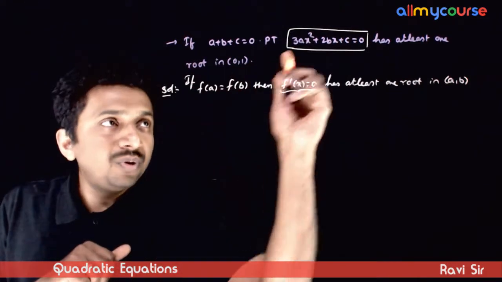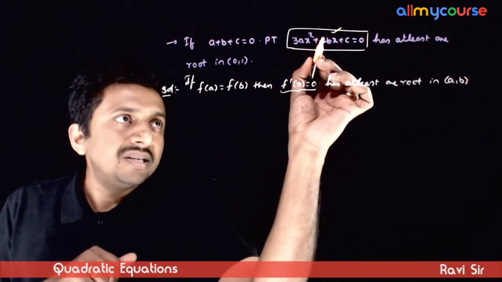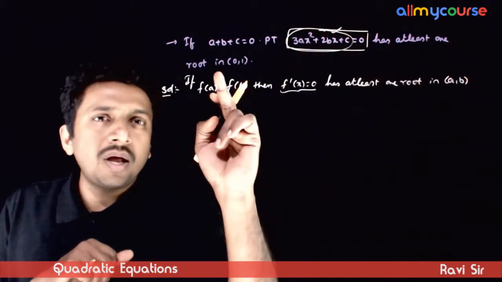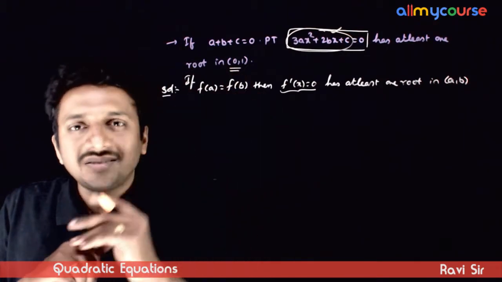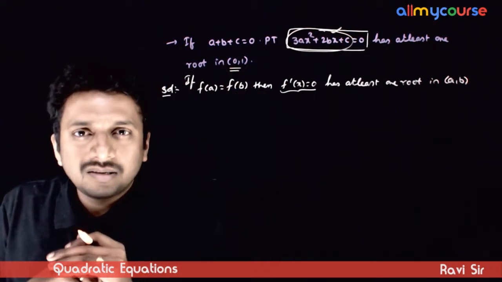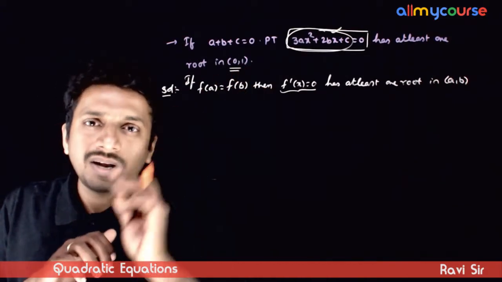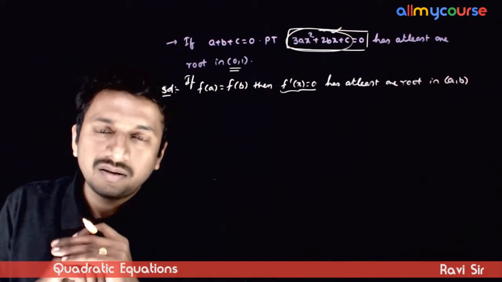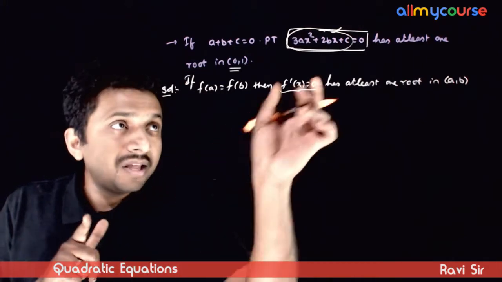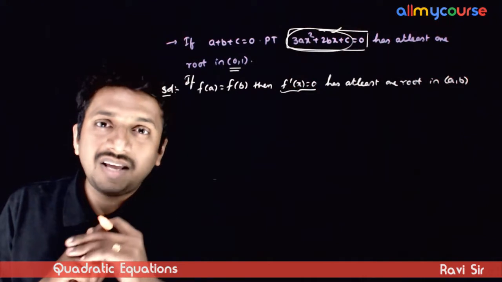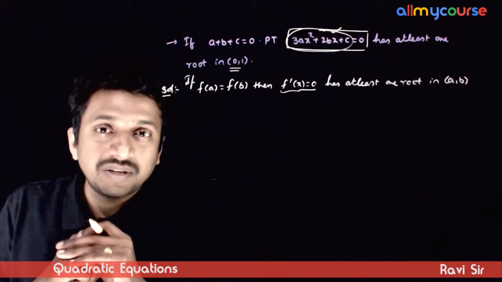So you are asked to prove that this equation has at least one root in the open interval (0, 1). So do you feel that we are talking about a = 0 and b = 1? And we are talking about f'(x) being this 3ax² + 2bx + c.